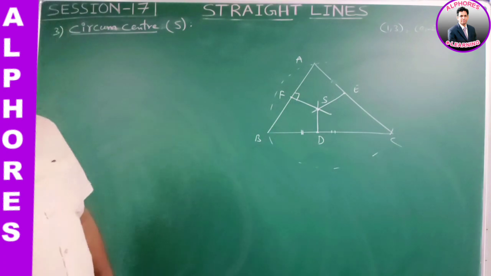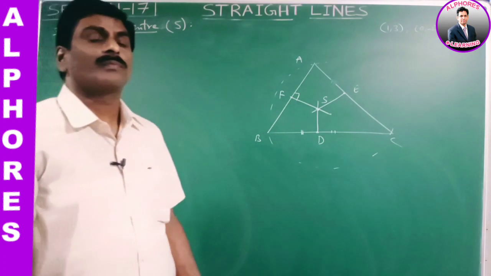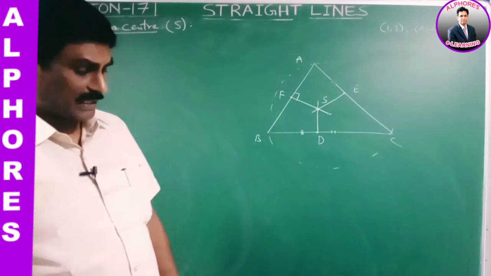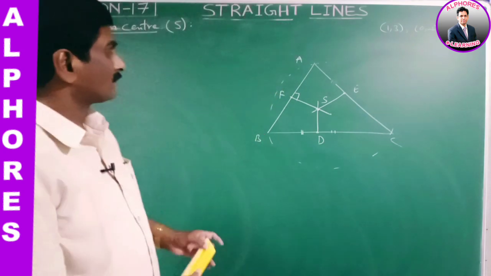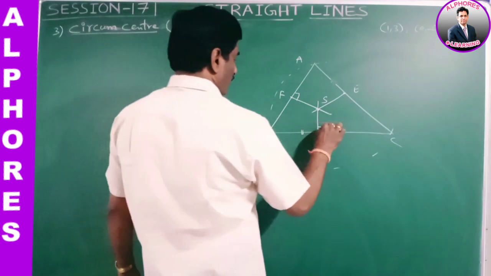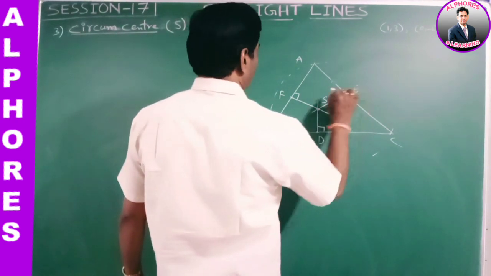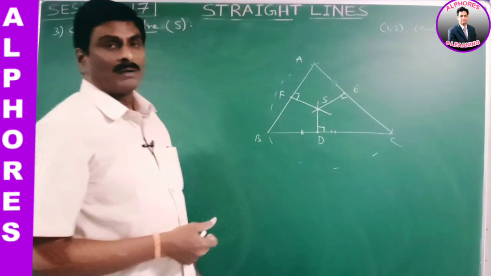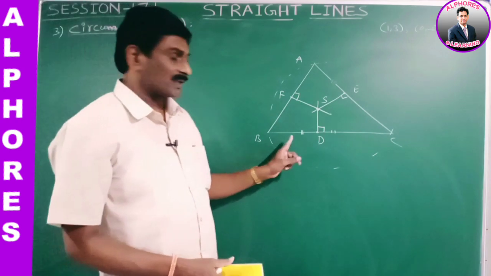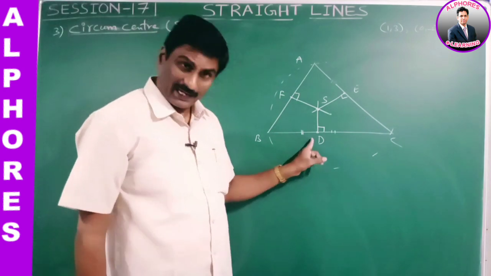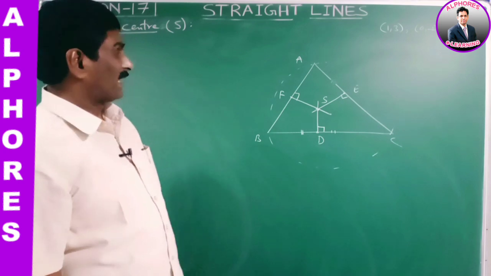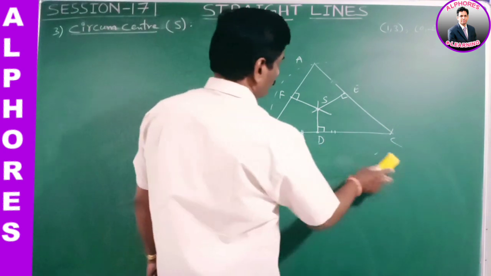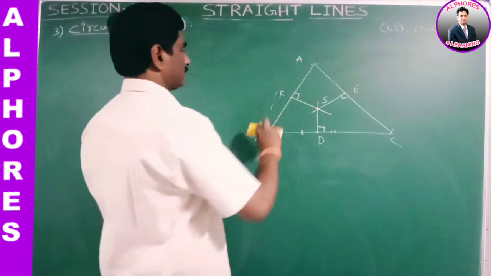The point of concurrency of perpendicular bisectors of the sides in a triangle is said to be the circumcenter. It can be denoted by S. Please note the diagram.